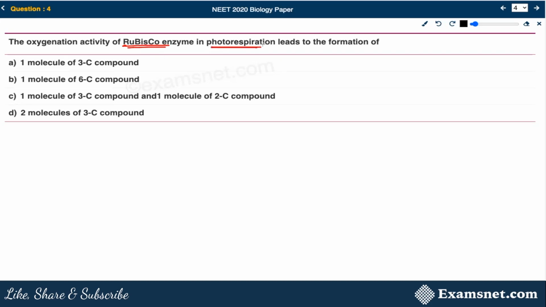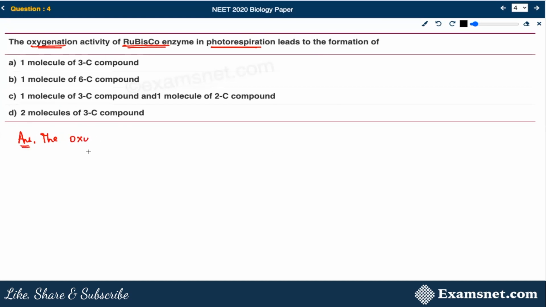In photorespiration, the process of oxygenation takes place, which means this enzyme is going to bind oxygen rather than carbon dioxide.